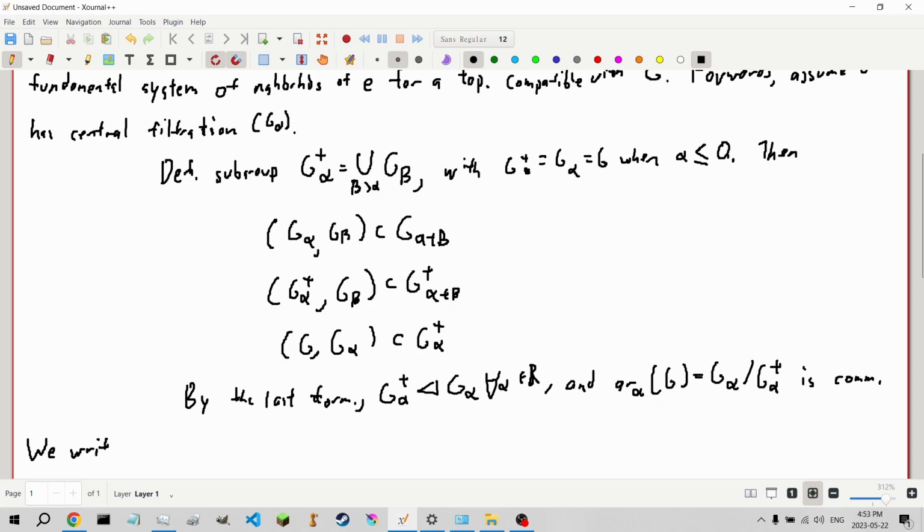If you recall, the graded version of G is the direct sum of the GR alpha in G with the obvious real graduation.